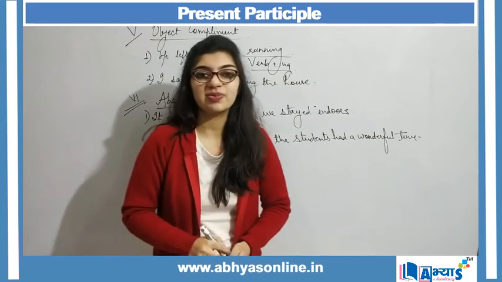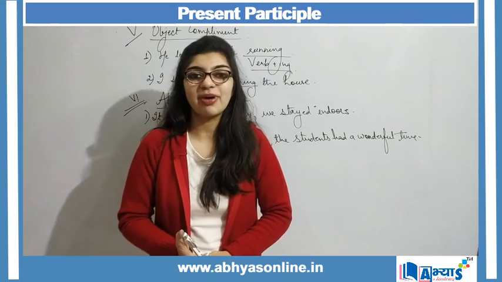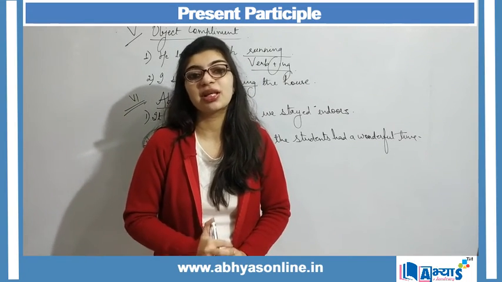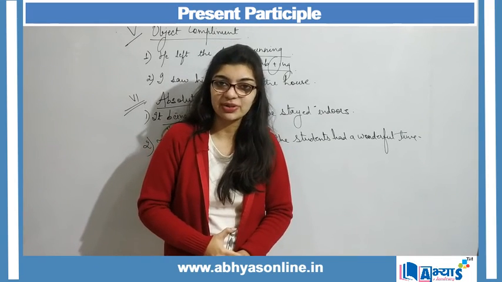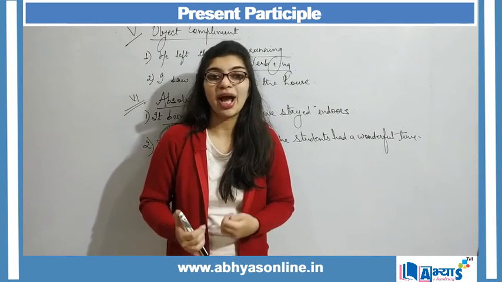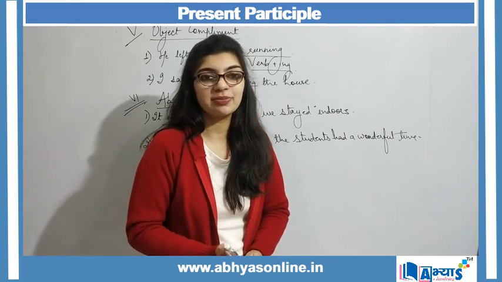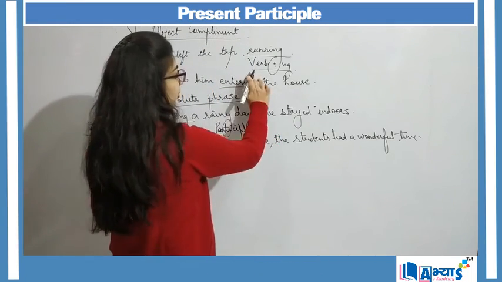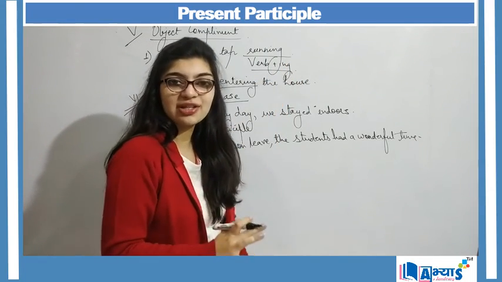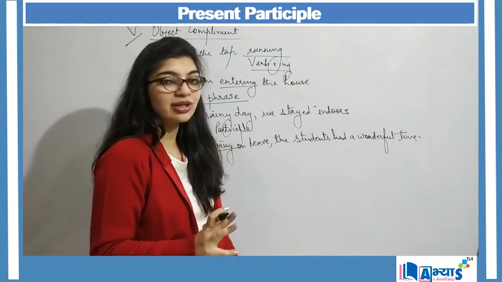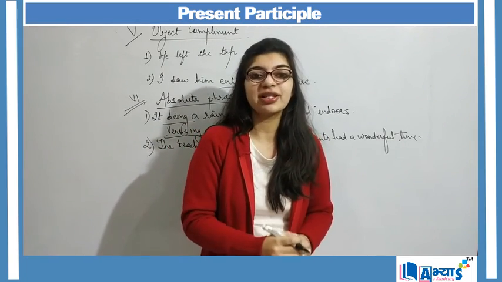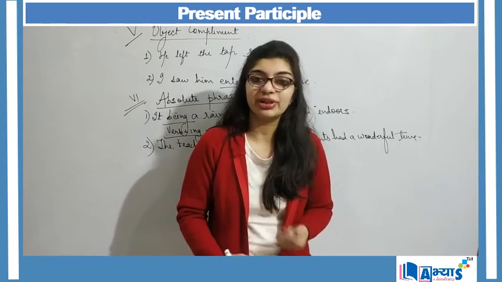So, in this video, we have discussed tenses and the type of present tense, which is present participle tense. The rule to identify present participle tense is verb plus ing. They can act as gerunds as well. Then we also discussed different areas where present participle can act differently.